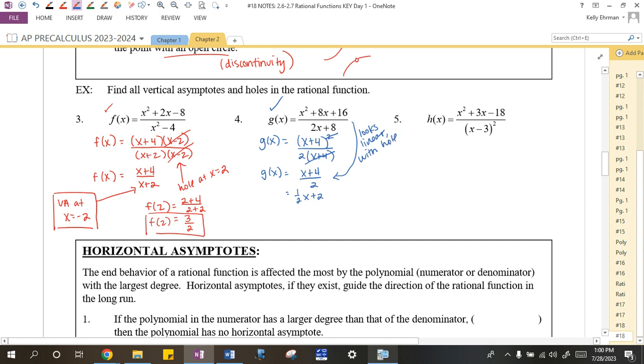It looks linear with a hole. Where's the hole? The hole is at x plus 4. So x equals negative 4 is a hole. And g of negative 4 is 1/2 times negative 4 plus 2. Negative 2 plus 2, 0. So, sorry, back on my other one, the ordered pair 2, 3 over 2 is the hole. Here, the ordered pair negative 4, 0 is the hole.